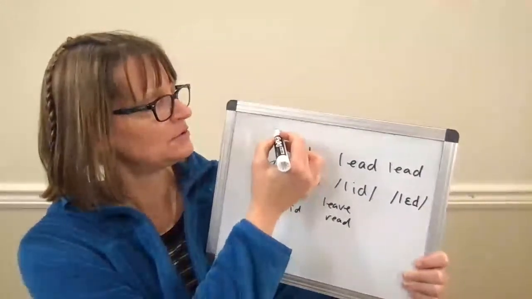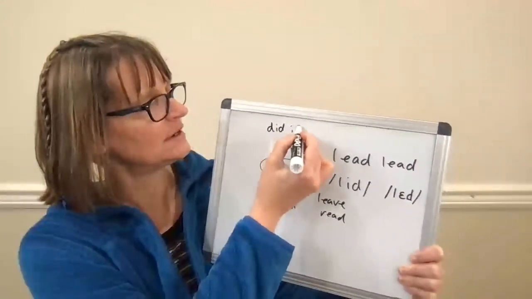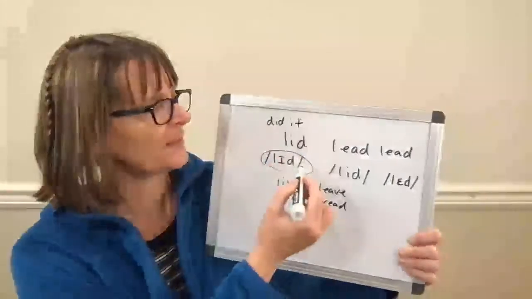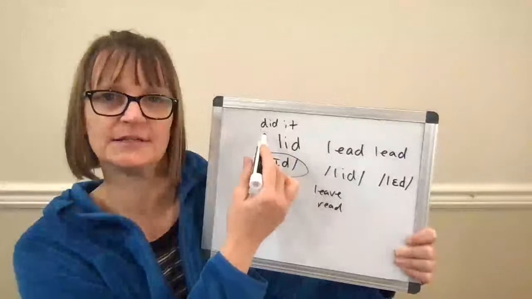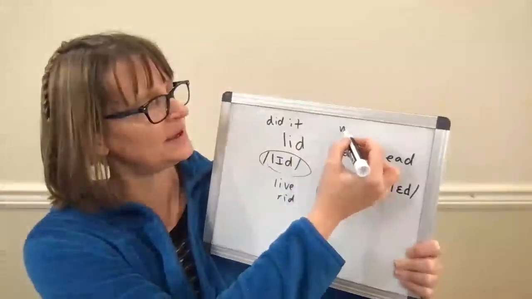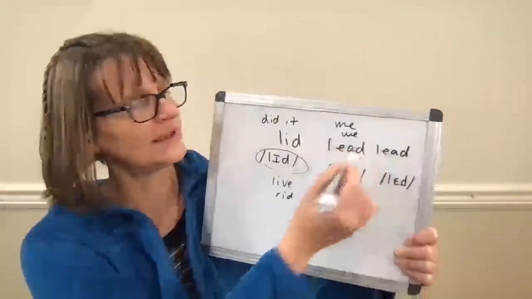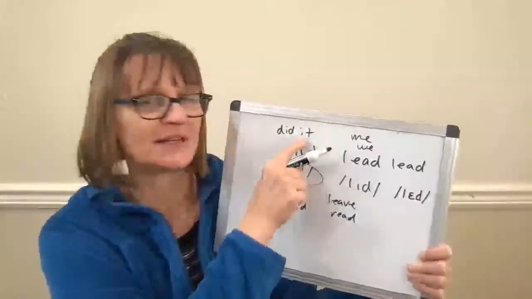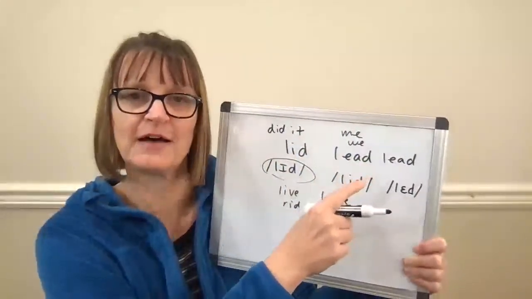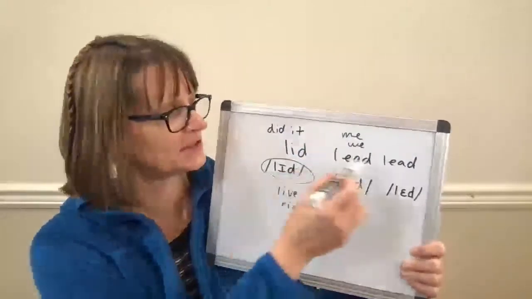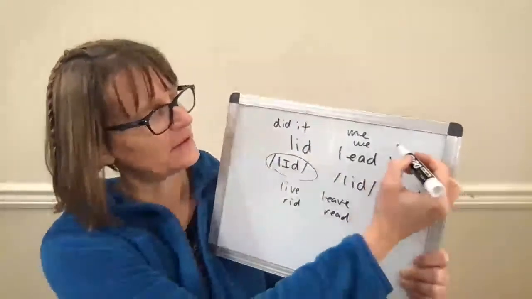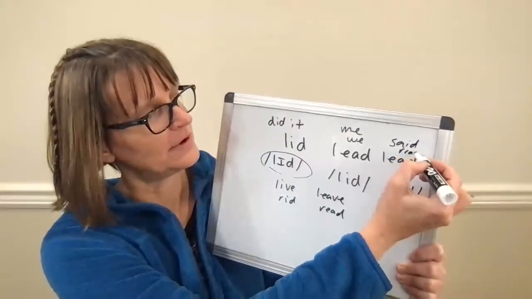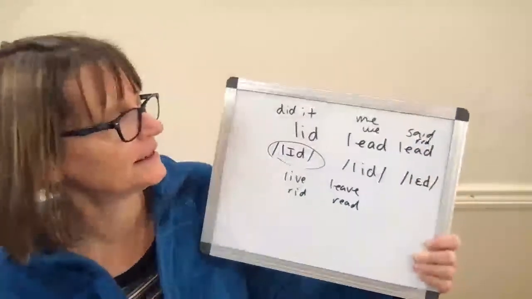So you can use did or it, another similar word with an I sound, and match it. It, lid, did, lid, and then maybe me or we, lead, because you're probably not going to have too much trouble between it and we with those vowels. It's just that these are similar to each other. And then with red, maybe said, read, or red, led.